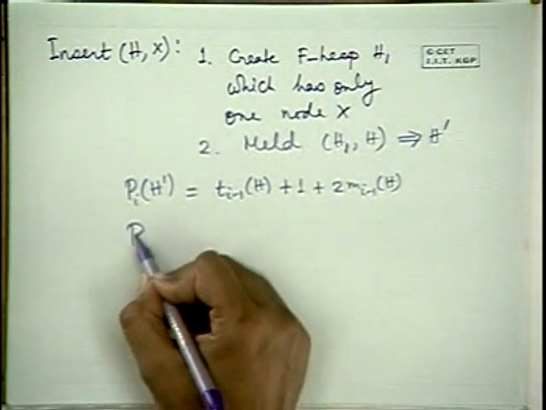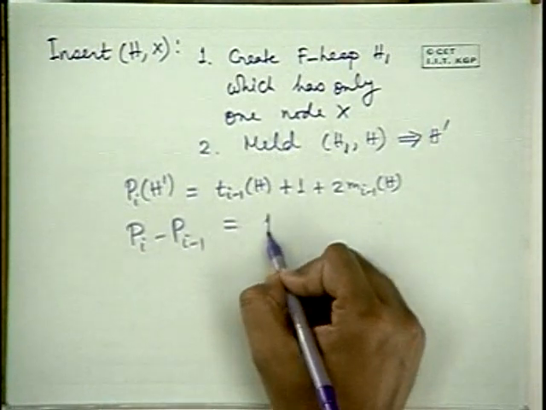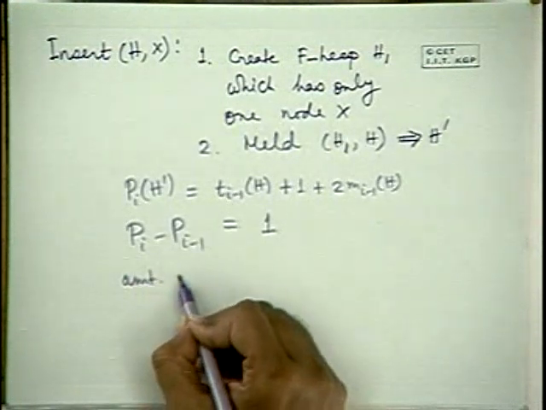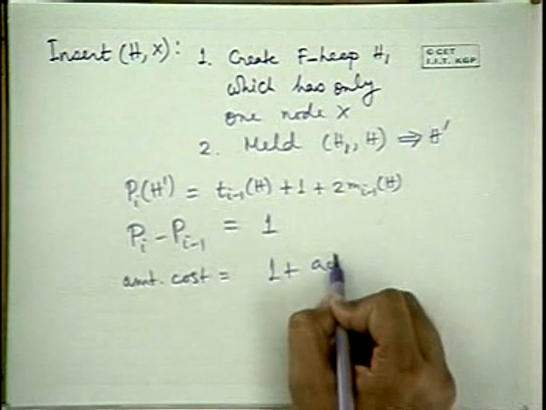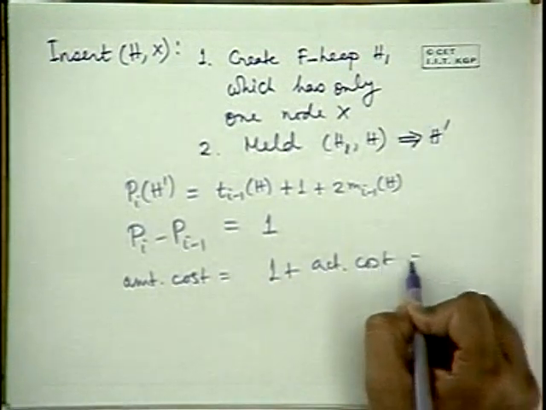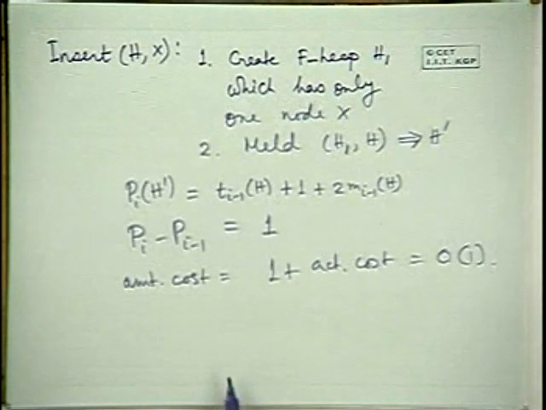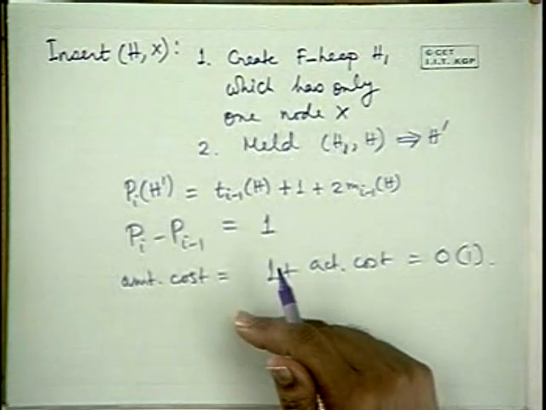So potential change is exactly 1. So again amortized cost is 1 plus actual cost, which is order of 1. So amortized cost is also order of 1. Actual cost also order of 1 in this case.